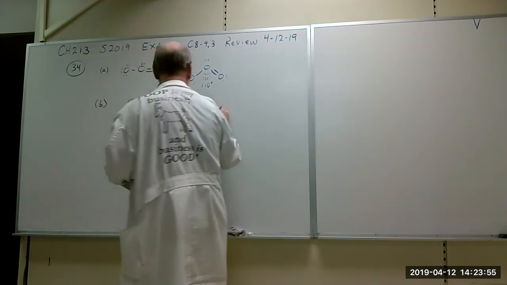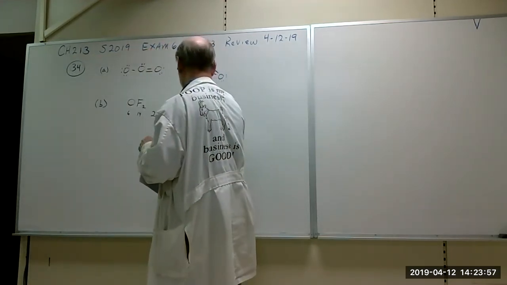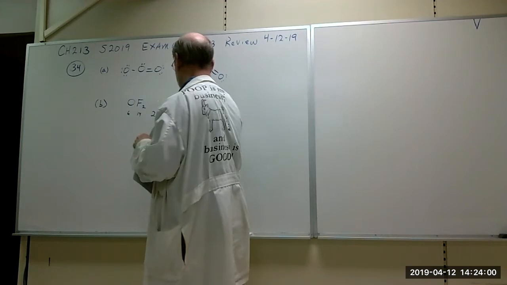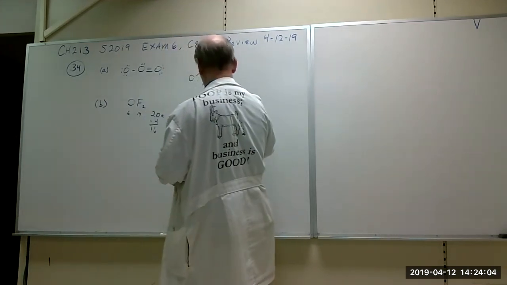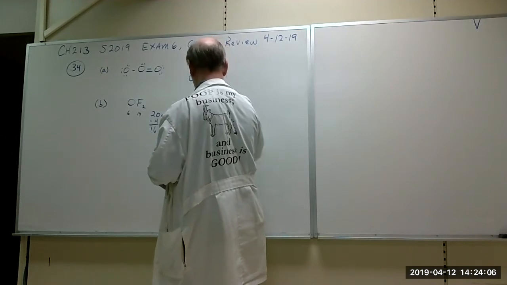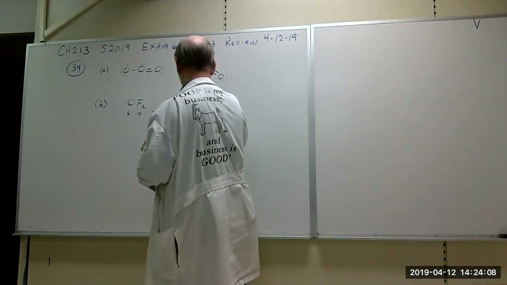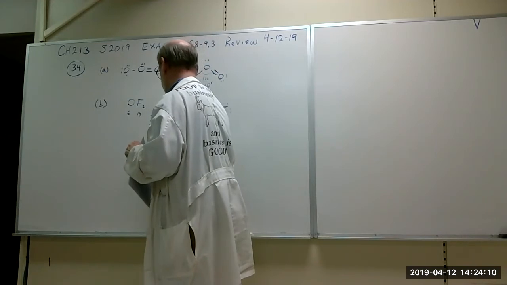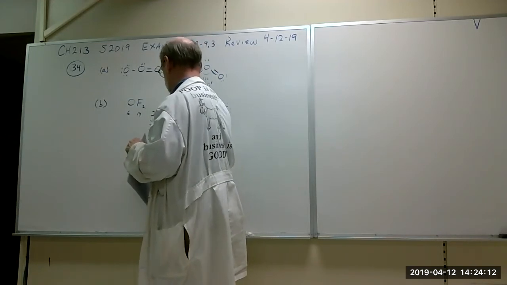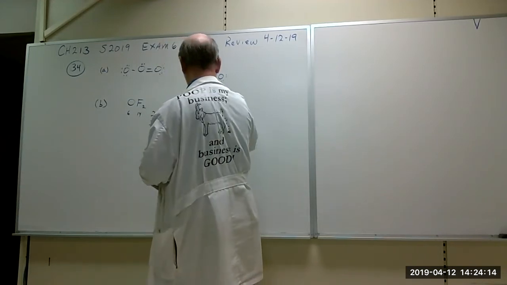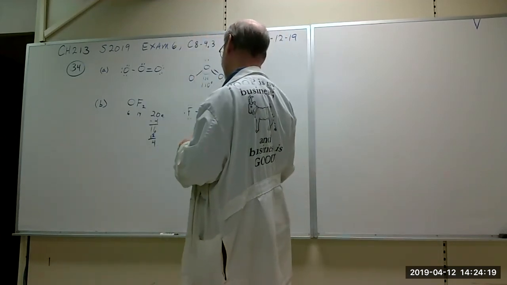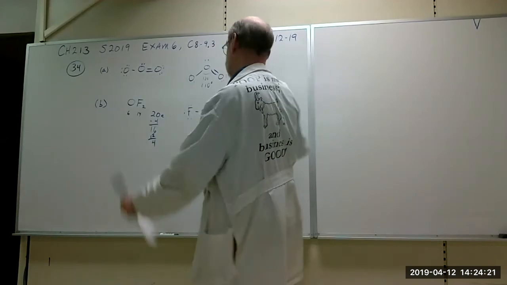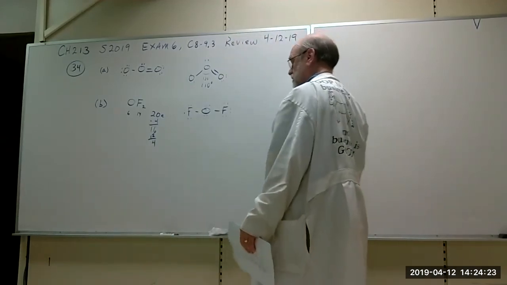Oxygen in the middle, fluorine, 2, 4, 6, 8, 10, 12, 16. Octets are satisfied.